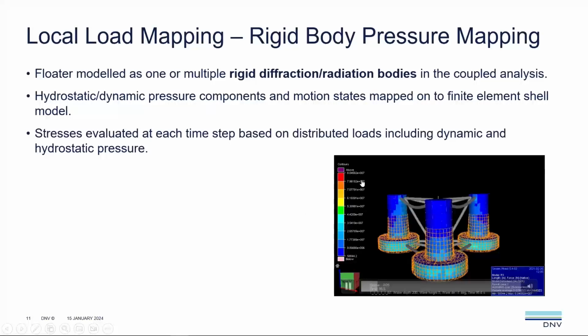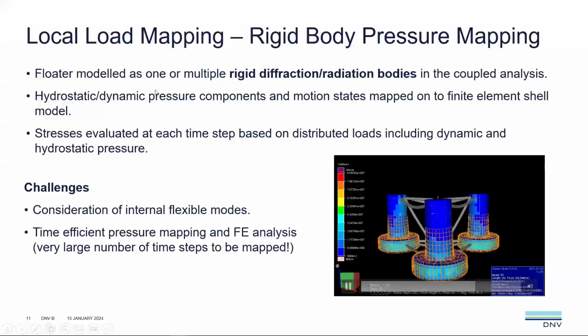As you can see in the example here, we have this OC4 platform and these orange lines show the mesh on which we've mapped the hydrodynamic, the hydrostatic pressure as well. And the varying colors here show the stresses. This is the result of the structural analysis. But in this case, these columns are considered to be fully rigid, as opposed to the beams that are connecting them, which are deflecting. Deflections there are exaggerated.